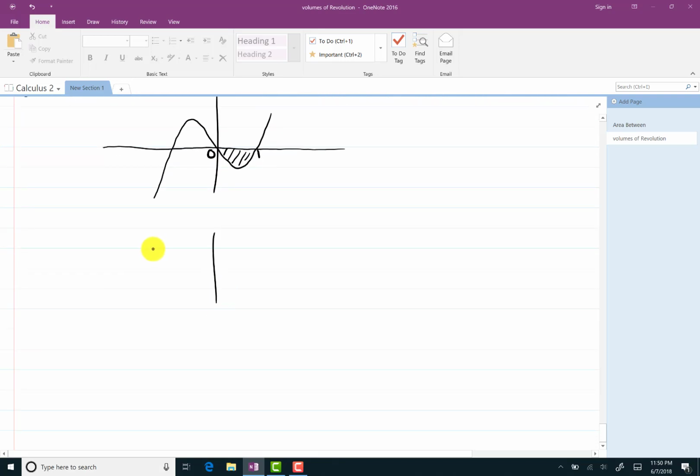I really don't care about this stuff. But it's down here like this. It ends at 1. There's our region. And we are revolving it around the y-axis this time.